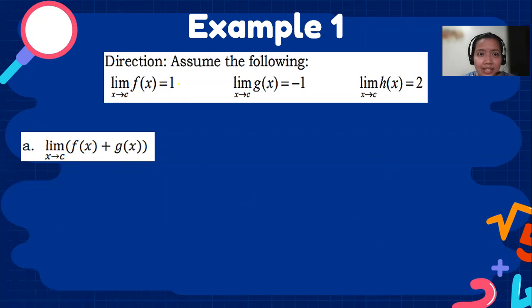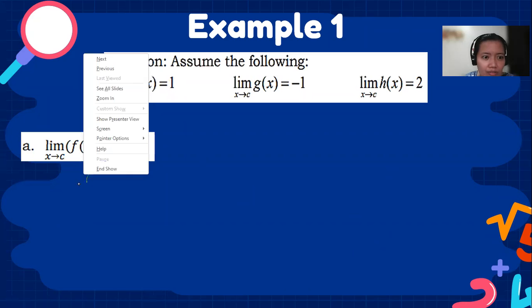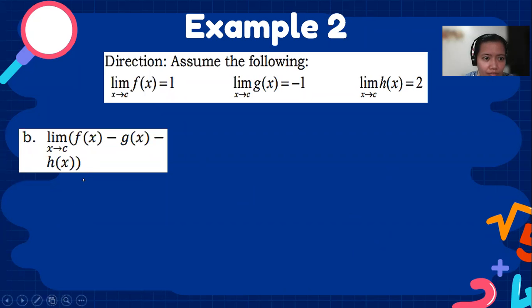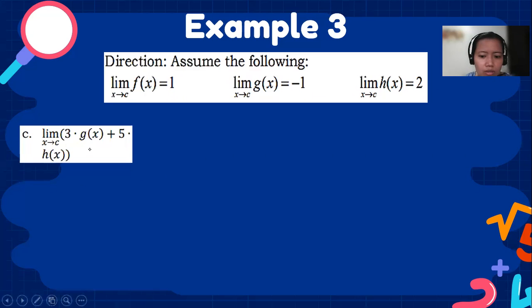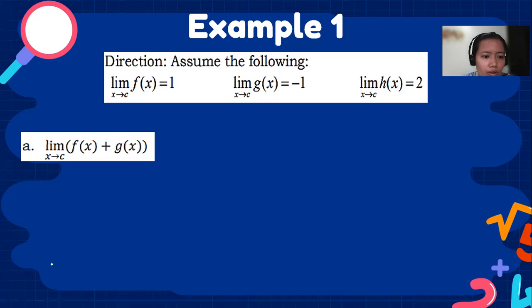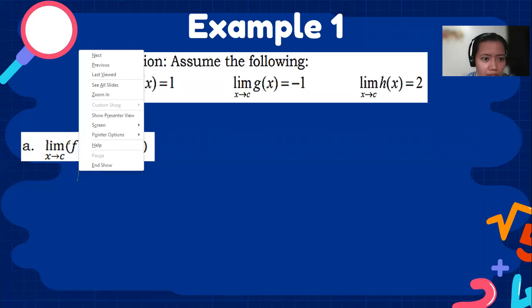Yes, Noeline Mahait, you're raising your hand. One. Very good. All right, we have 1, as the value of the limit of f of x.